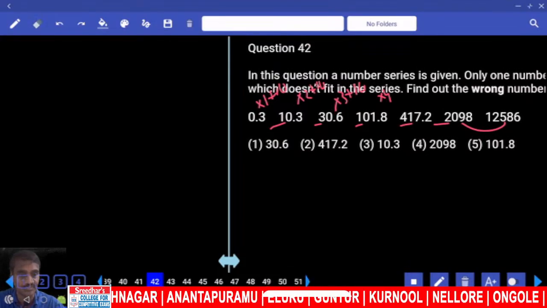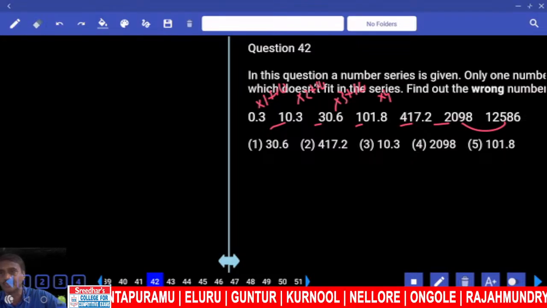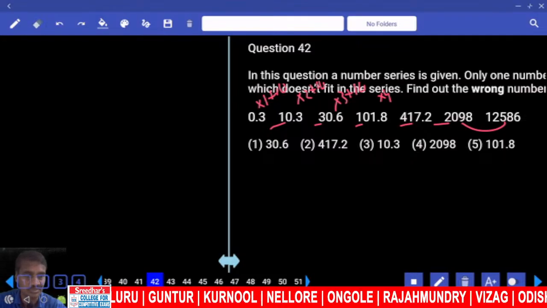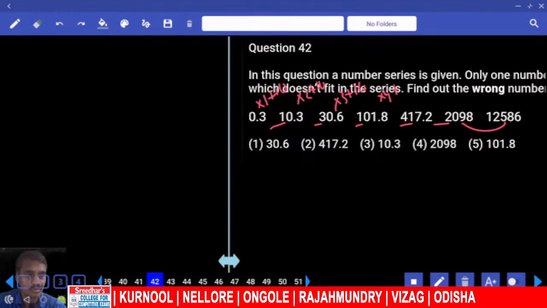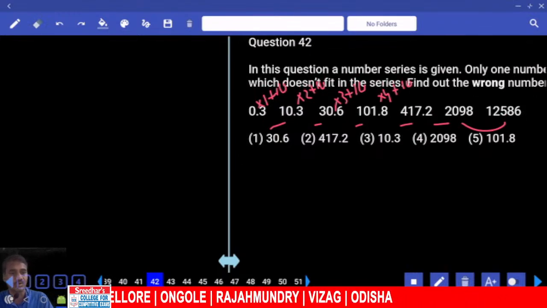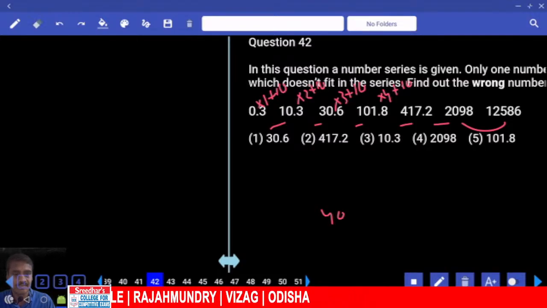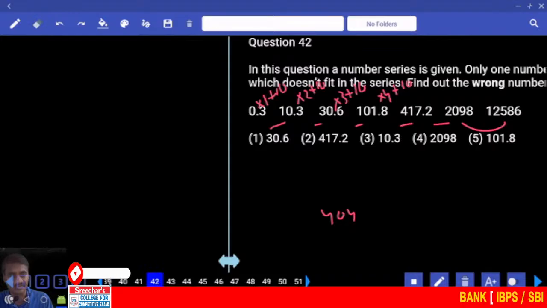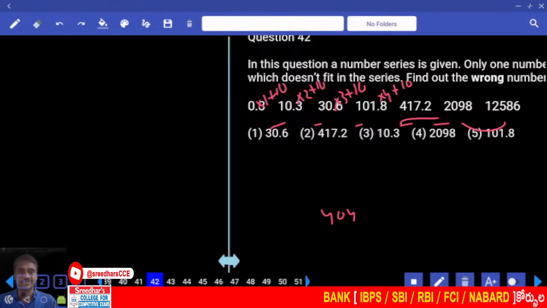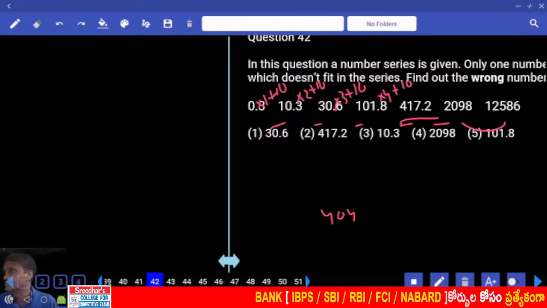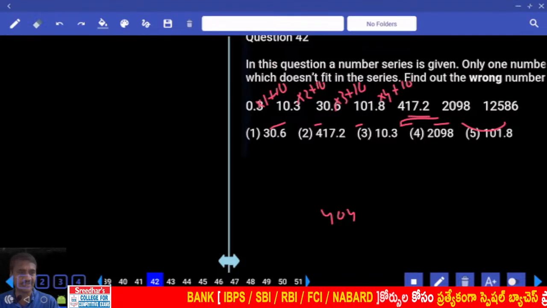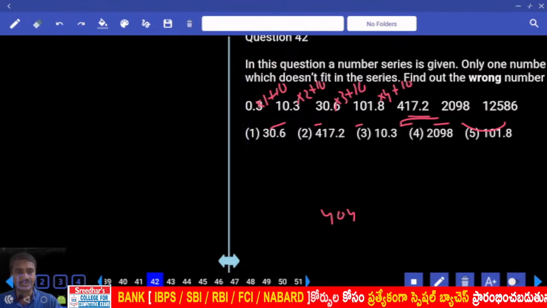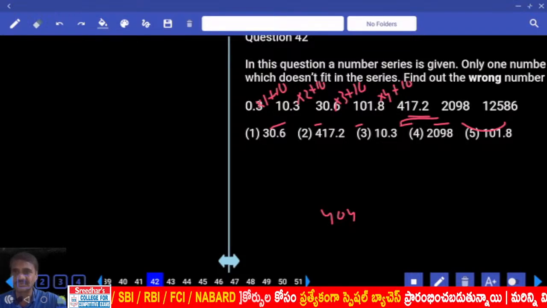Into 4: 101 into 4 is 404, and 0.8 into 4 is 3.2, so 407.2 plus 10 gives 417.2.